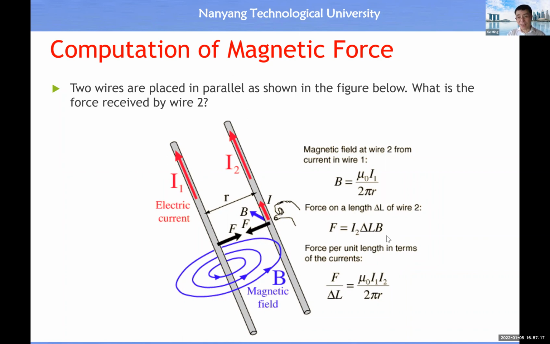Then we substitute B with this result, then divide both sides by L. This is the magnetic force per unit length. So it's proportional to I1, I2, and inversely proportional to the perpendicular distance between these 2 wires. So it's a quite straightforward formula for you to use in order to calculate the force per unit length.